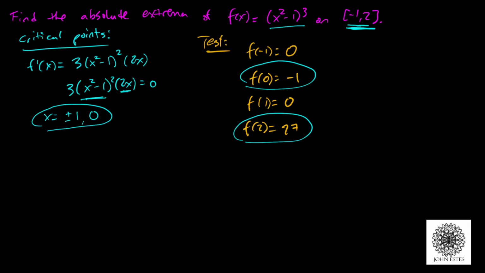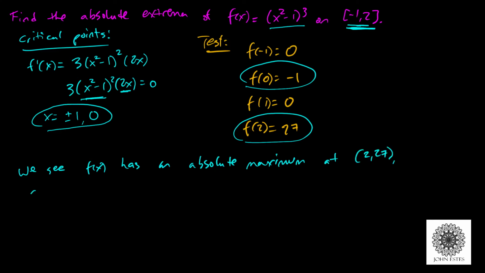So in conclusion, we can see f of x has an absolute maximum at the point (2, 27) and an absolute minimum at (0, -1).